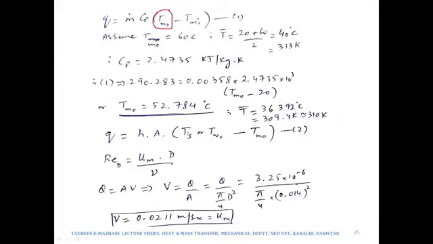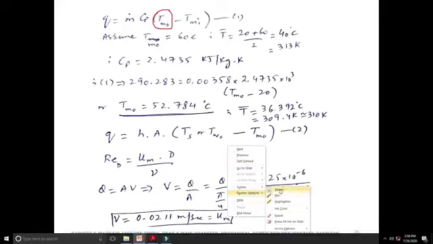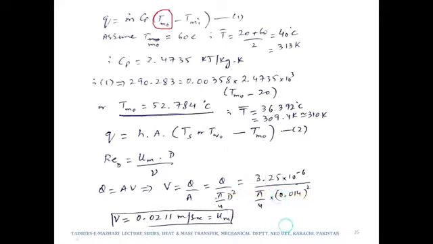Now if we are to find out Ts naught or Tw naught from this expression, we must know the rest of the parameters. So we already know Q. Area is a known quantity. Tm naught has already been found out, so the only unknown is h. So now the problem is the same as the problems of chapter number 7.